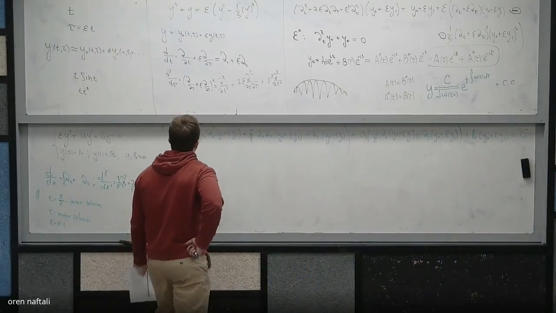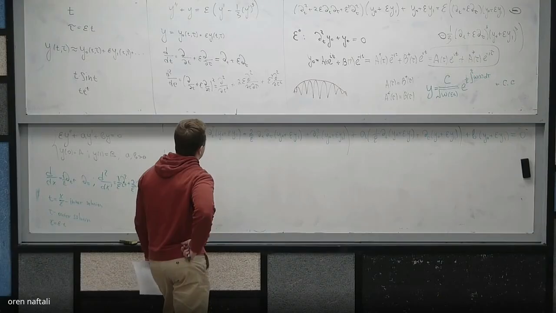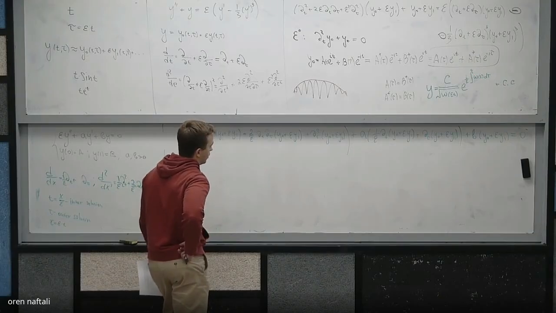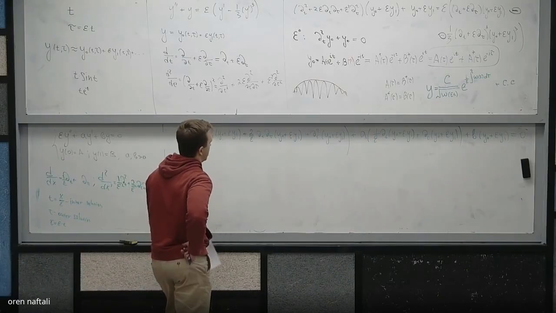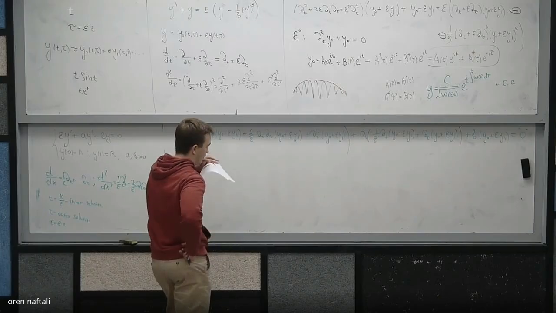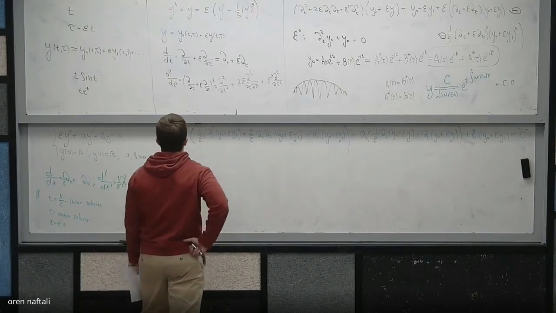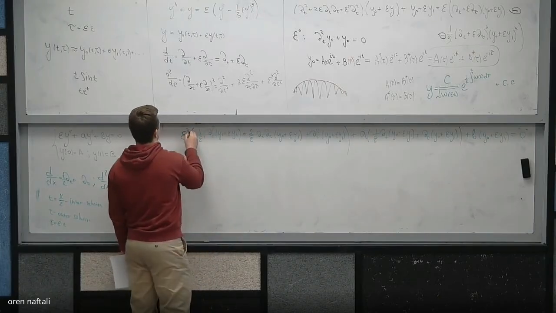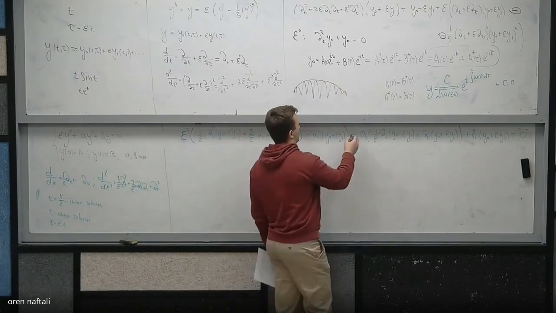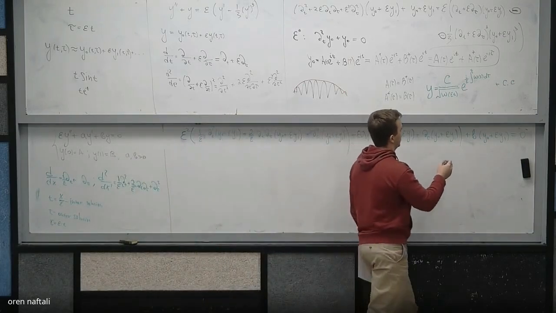So now let's keep track of the leading order. If we multiply all of this by epsilon, we'll have here epsilon squared, here we'll have epsilon, here we will have epsilon.